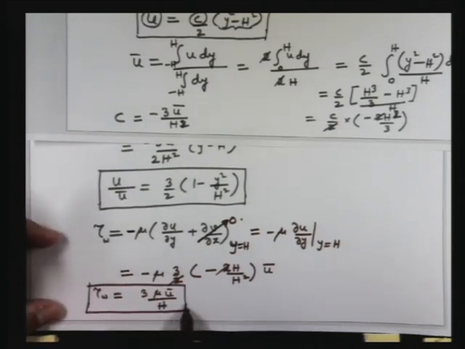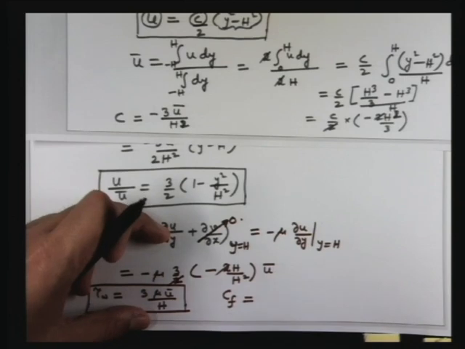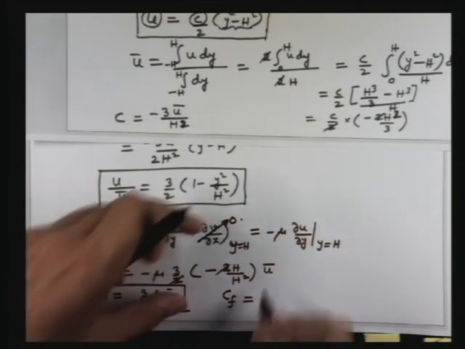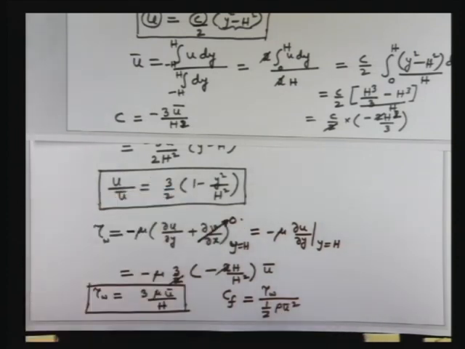You can calculate the wall shear stress in a non-dimensional form, which is the friction coefficient. This is tau wall by half rho u square, the non-dimensional tau wall. So you can calculate this by simple algebra, and I leave it to you as an exercise.